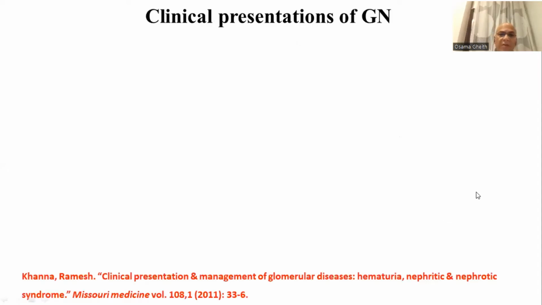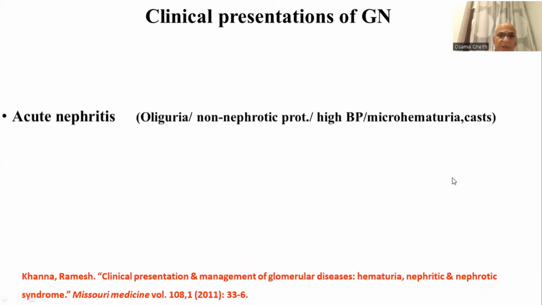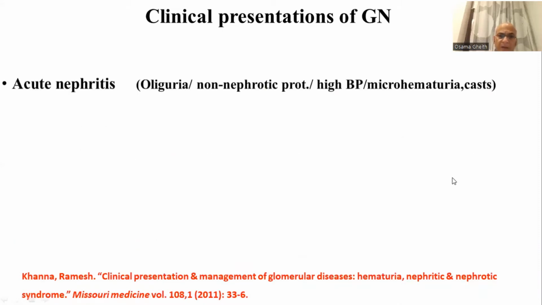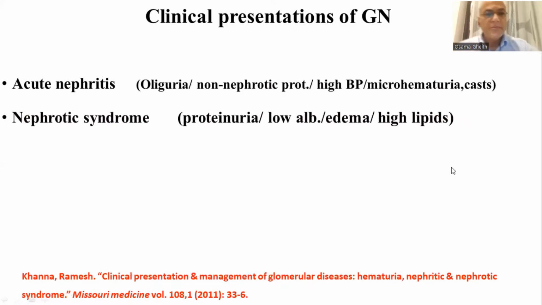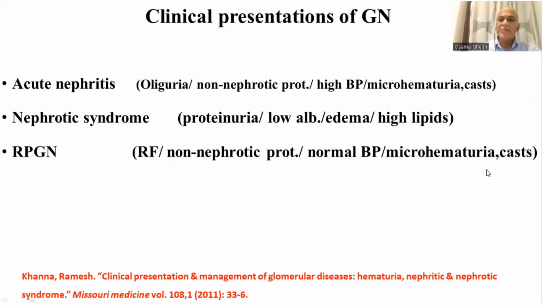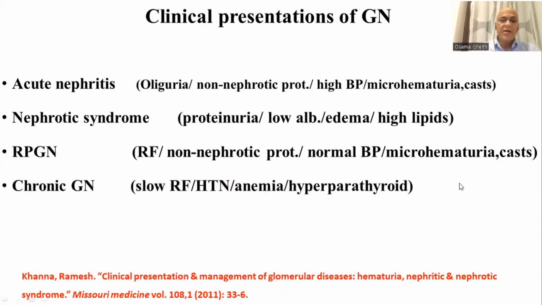Clinically, glomerulonephritis can present with 5 syndromes. Either acute nephritis, characterized by oliguria, non-nephrotic proteinuria, hypertension, microhematuria; nephrotic syndrome with heavy proteinuria, low albumin, edema, and high lipids; rapidly progressive glomerulonephritis with renal dysfunction, non-nephrotic proteinuria, usually normotensive, but there is microhematuria and casts.